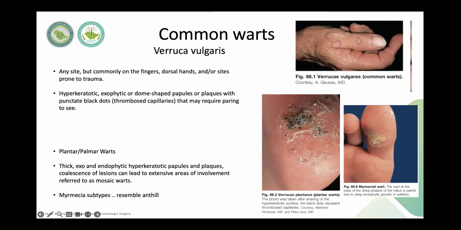Sometimes you can see the black dots, which are basically thrombosed blood vessels. And here, in this case, for example, this is endophytic growth. So what you can see is actually partial, just a part of the growth because it's growing inside, and usually it causes severe pain in this situation. It's called Myrmecia wart. So just different names for different presentations.